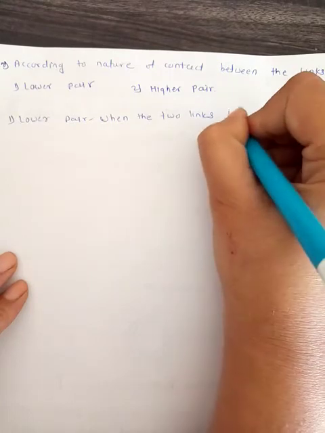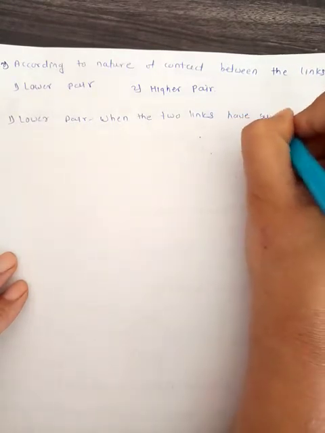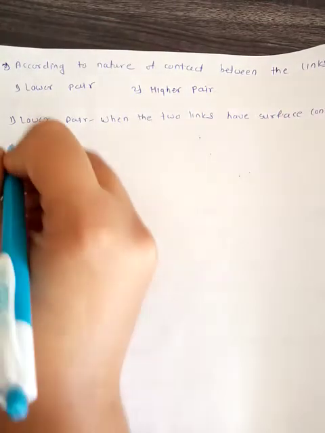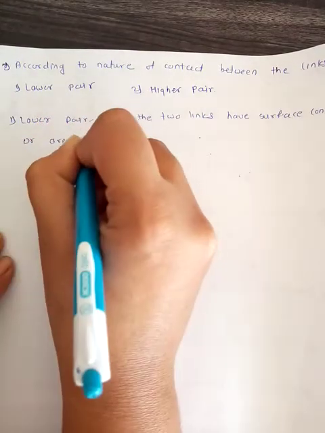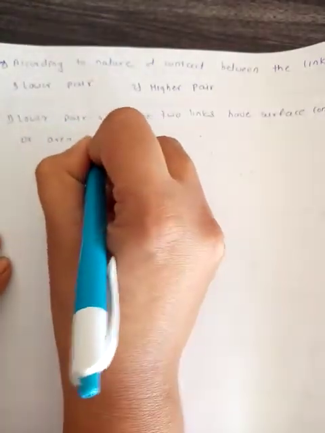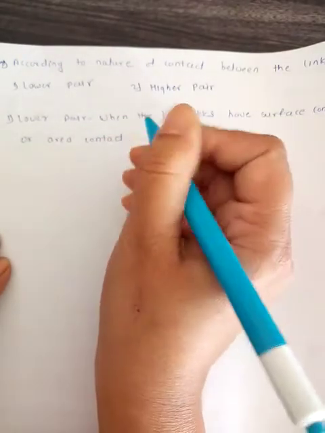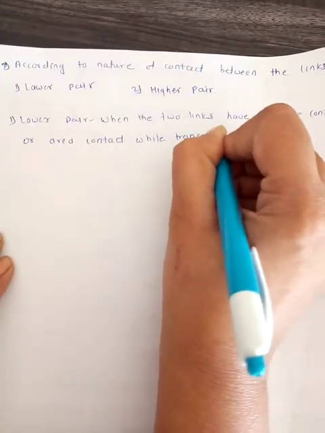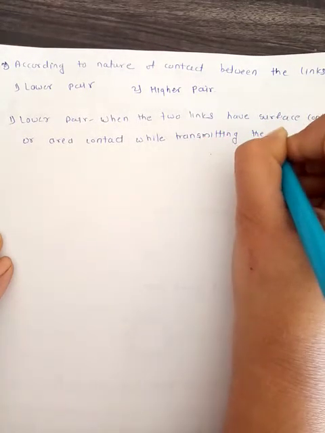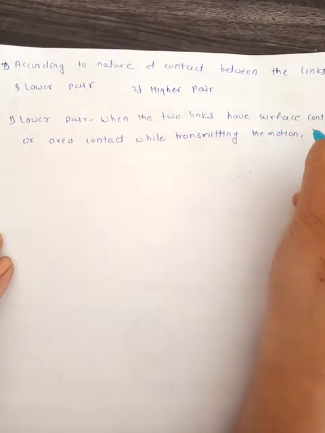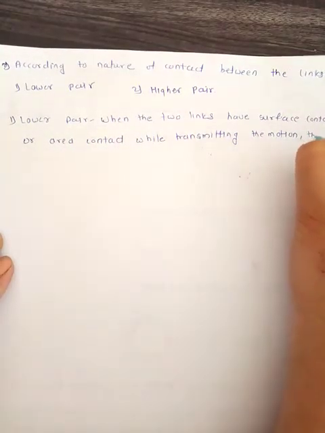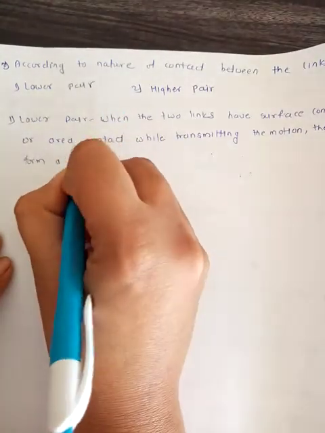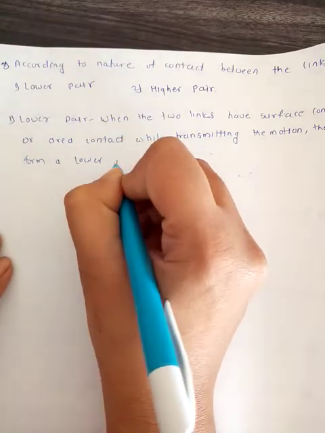Lower pair: when the two links have surface contact or area contact while transmitting the motion, they form a lower pair.